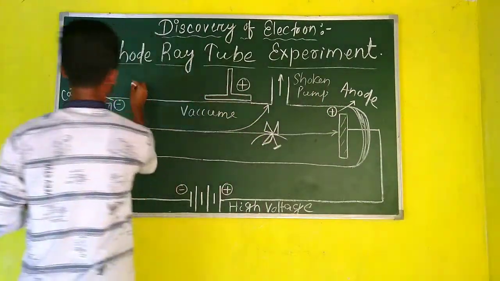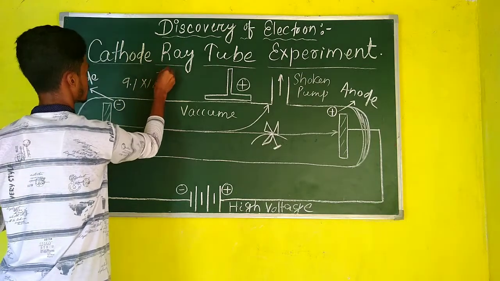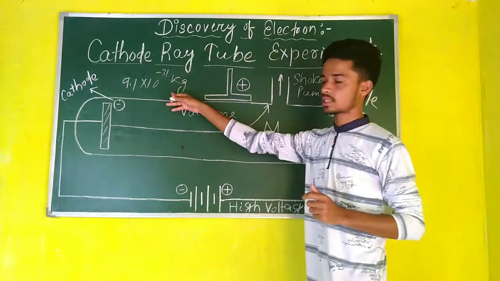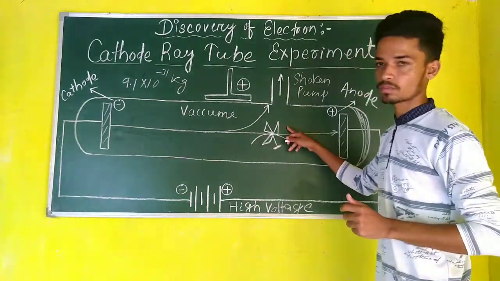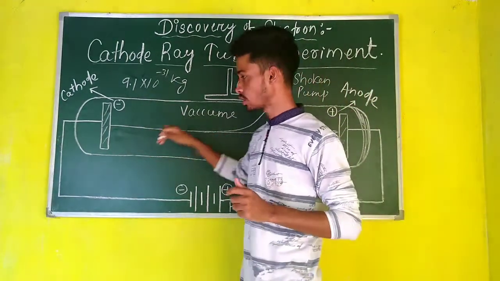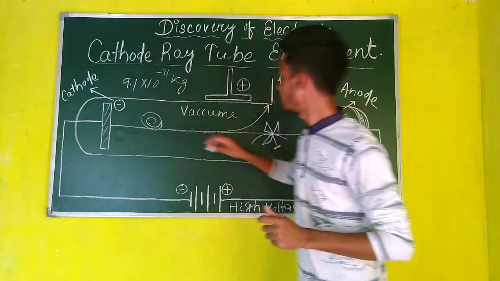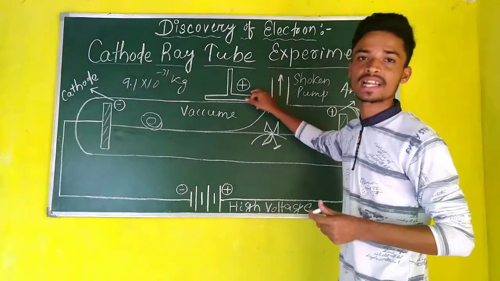The mass of the electron is 9.1 times 10 to the power minus 31 kg. Because of the electron's mass, when it touches the fan, the fan starts to move. So this is an electron, nothing else, not a beam, not a light, only an electron. This electron moves towards the positive external electric field.